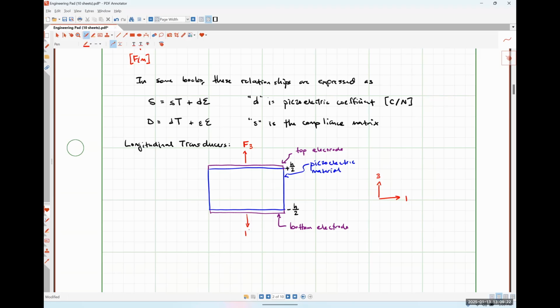I'll have a force F3 here as well. So if we're trying to expand our crystal, we will wind up generating a displacement field D oriented like so. And I'm just going to put a label here, D3.